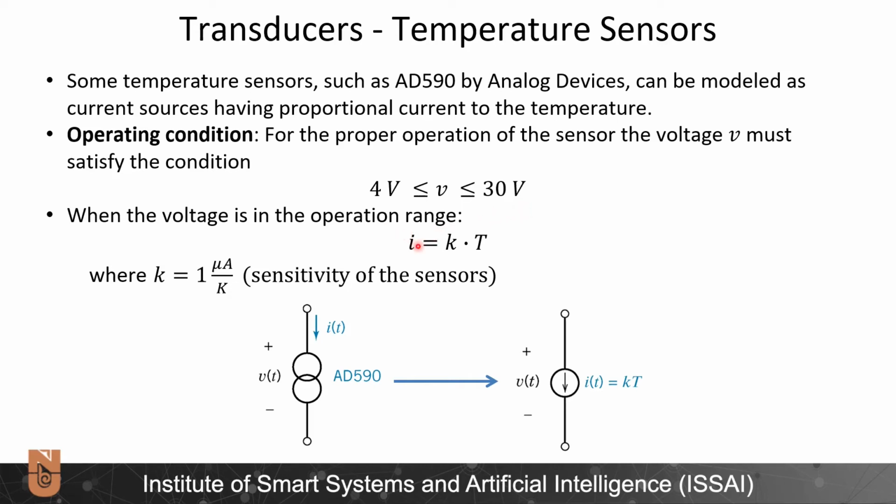When the voltage is in this operating range, the output current is proportional to the temperature. So we have here the sensitivity of the sensor K equal to 1 microampere per Kelvin. In other words, for a 1 Kelvin temperature change, the output of the sensor changes by 1 microampere.